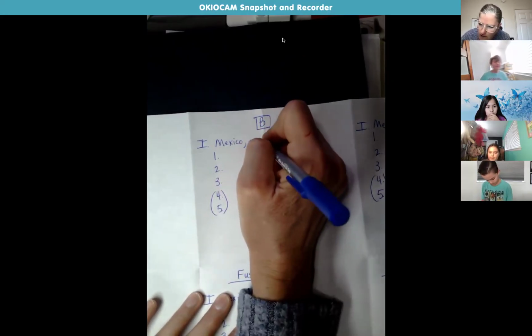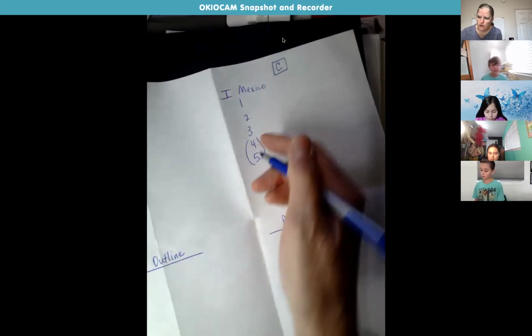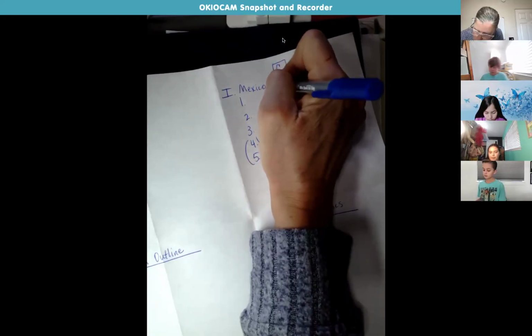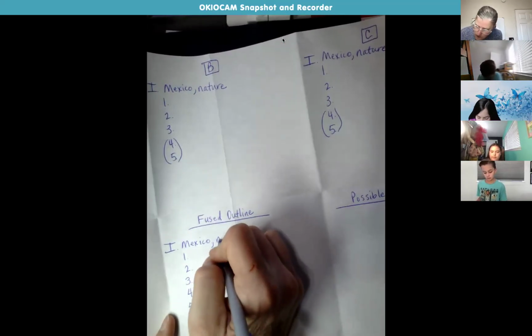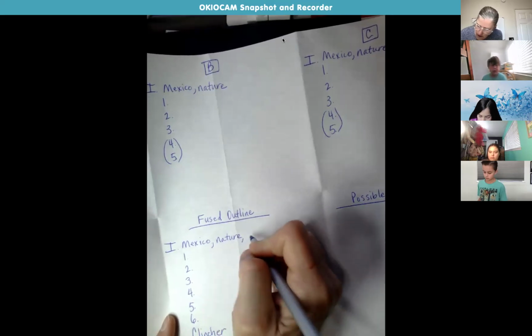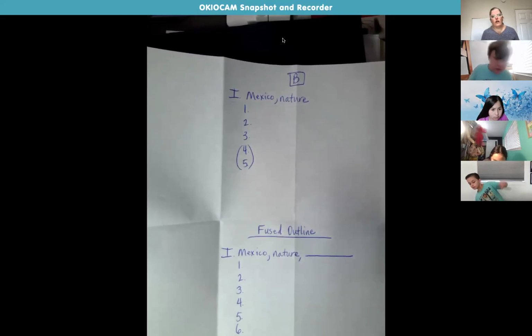So this is all going to be about the nature in your country. That goes for everybody. Put nature next to all of your countries here, even the fused. On the fused, we have a space for one more word, but this is all going to be for 1 paragraph, but you're going to use 3 different websites. Does that make sense, Malia?